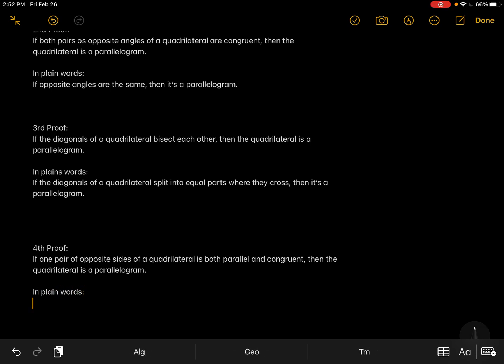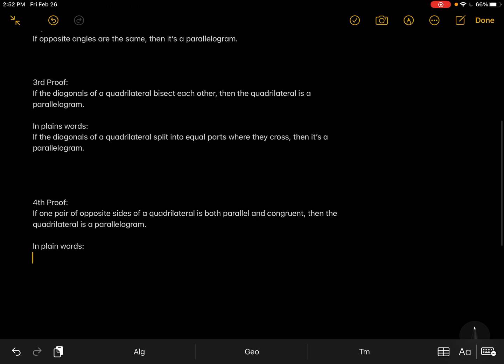And in plain words, what this is saying is that if you can prove opposite sides are parallel, then it's a parallelogram.